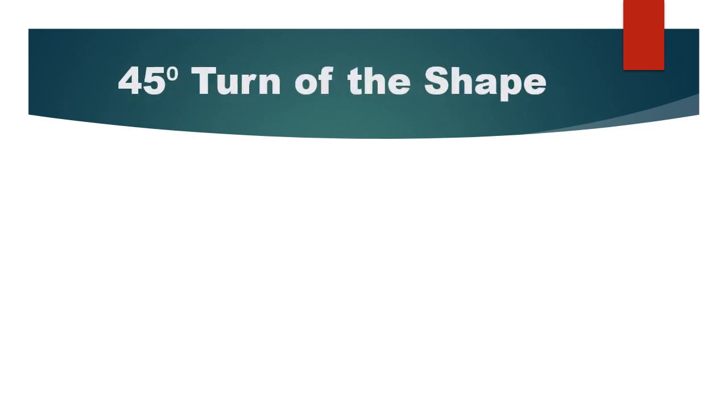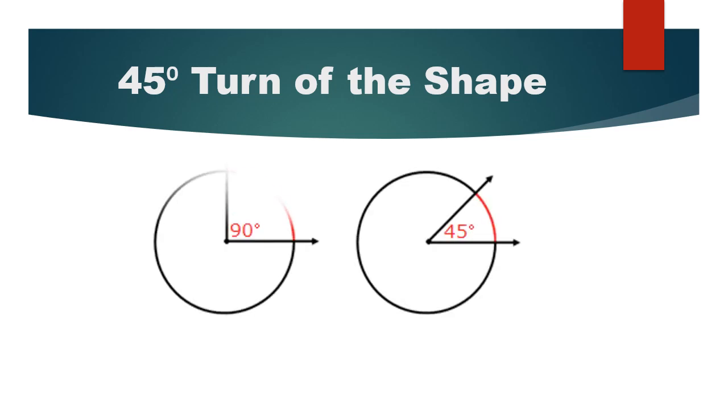Now students, let us understand the 45-degree turn of the shape. Here, if you remember, in chapter number 2, shapes and angles, you have studied the 90-degree angle. So, 45 degree is half of the 90 degree.